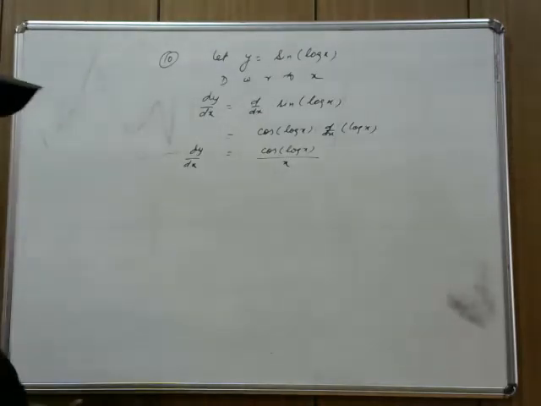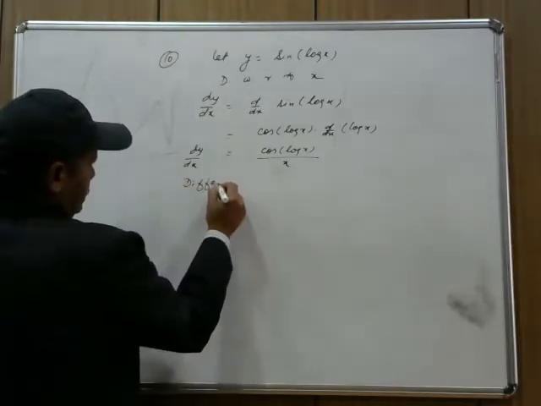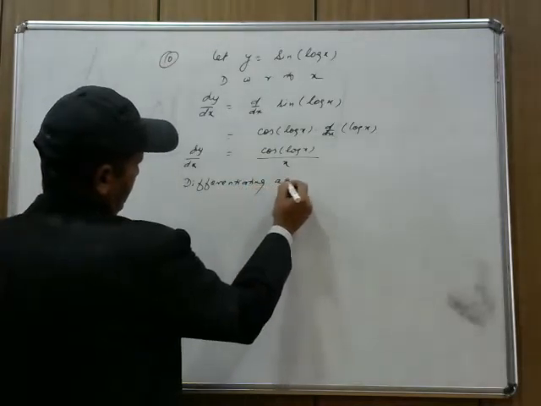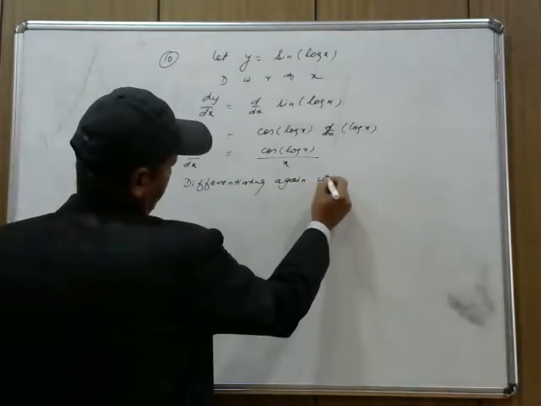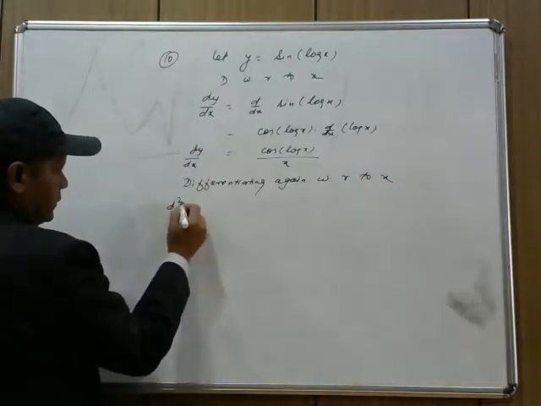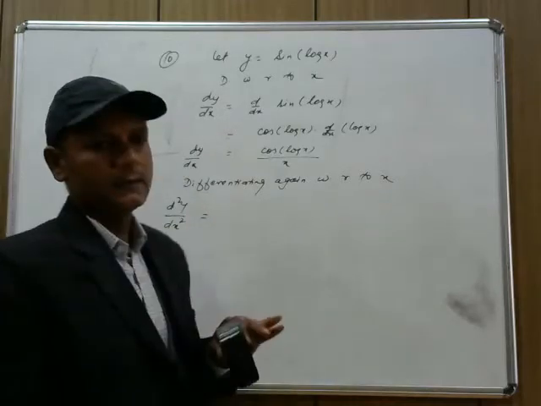Now differentiating again with respect to x. Here d2y by dx square, and certainly now I am going to use the quotient rule.